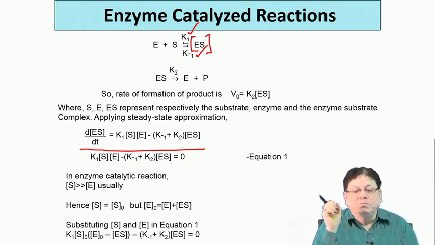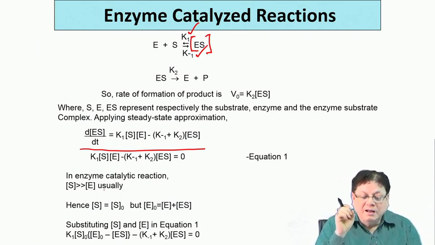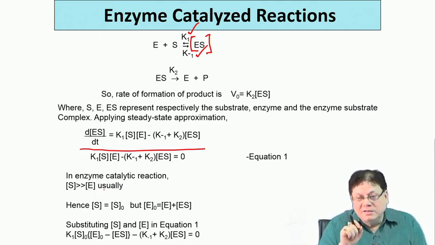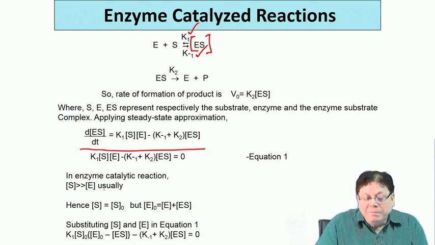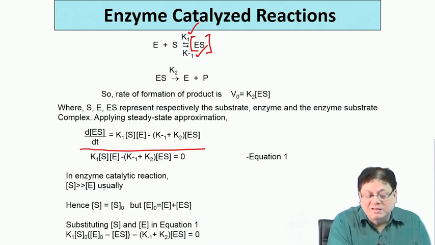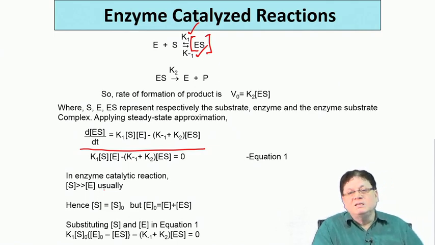So, if you solve this equation by assuming the steady state complex. What is the steady state complex? Initially the substrate will go and bind to the enzyme, and then it will also dissociate. This is an equilibrium process, a reversible process, and after some time a state is reached where the rate of dissociation of ES into E plus S and the rate of association of E and S to form the ES will be the same.